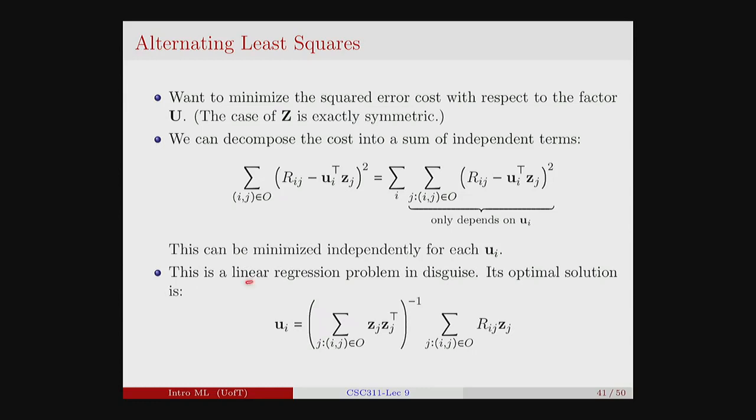And for each regression problem, for each u_i, the optimal solution is just the inverse of the summation of z_j z_j transpose, times the summation of R_ij z_j. And this you should think of as an analog to (x transpose x) inverse x transpose y, which is the solution that we had derived for a linear regression problem when you want to regress onto y from x.